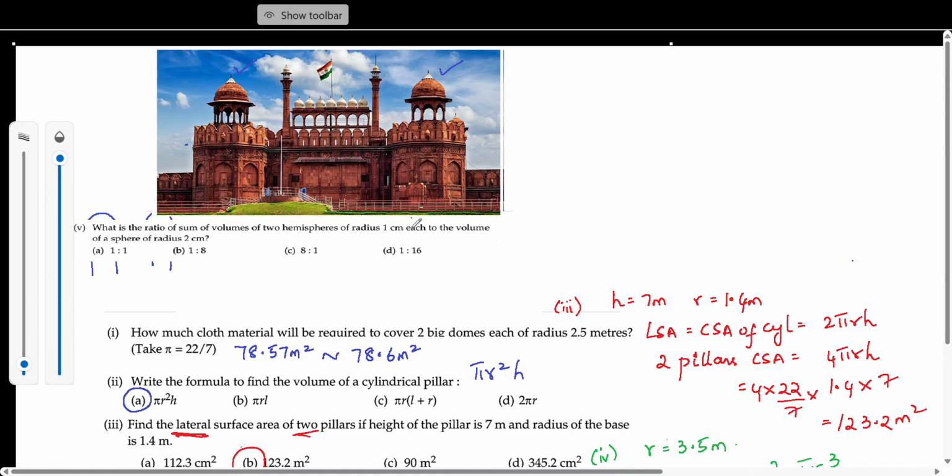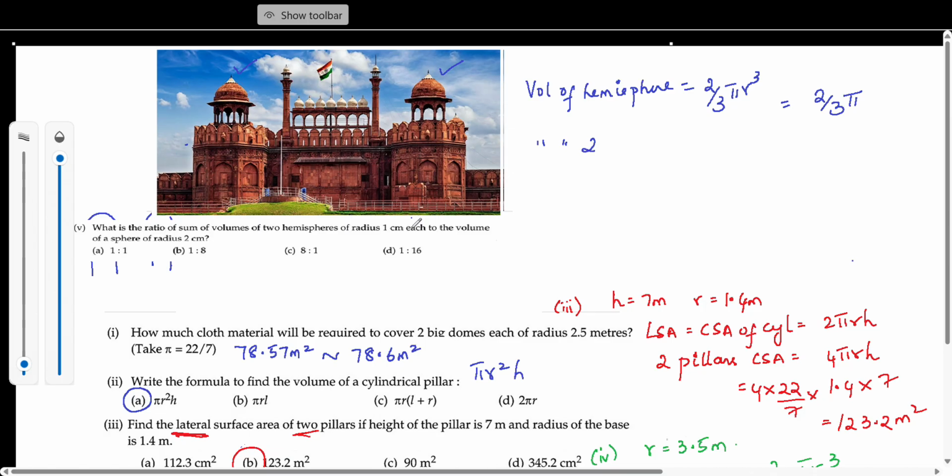Ratio of the sum of the volume of two hemispheres of radius 1 centimeter each to the volume of a sphere of radius 2. So first, volume of hemisphere is 2 by 3 pi r cube. Now the radius is 1 centimeter, which literally means 2 by 3 pi. We have two such hemispheres.